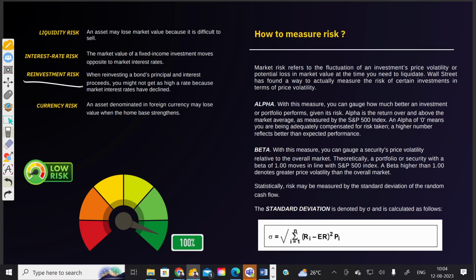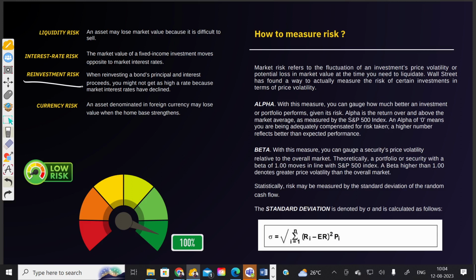But what if at the time of reinvestment the market is not in a good situation to invest? There could be a number of things that we should evaluate. All right. And the same you can apply here as well.